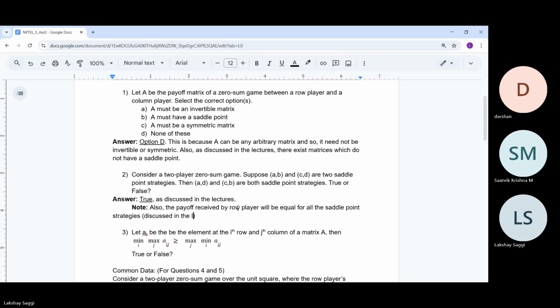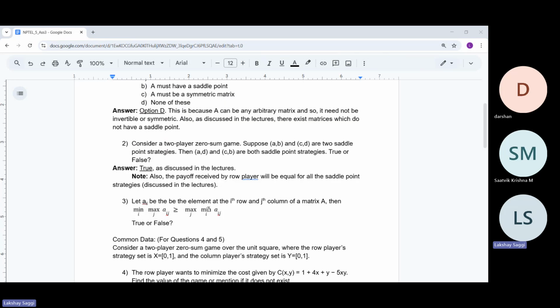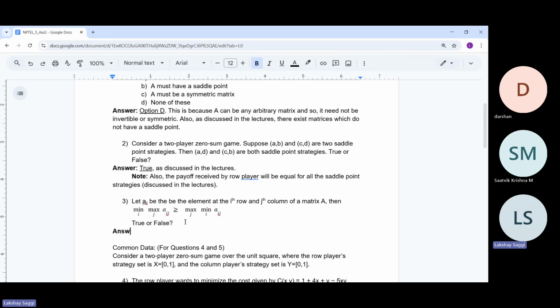I'm reiterating these points because these are very important properties, which come into use a lot when we are working with zero sum games, like these properties of saddle points and the valuations of players at saddle points. So now maybe we can go to the third question.